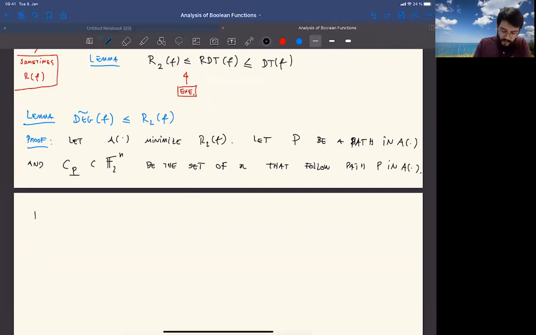And so you can write the function P of X equal to the sum of the indicator of CP of X times A of CP, because these have common values.